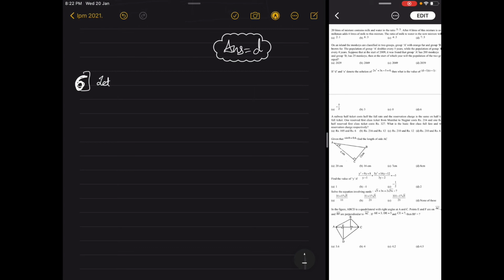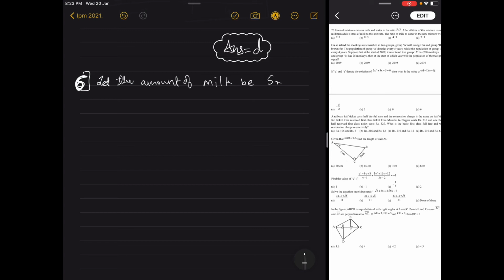So let the amount of milk be 5x, right? We have studied ratio and proportion in the earlier grades, in 7th, 6th.